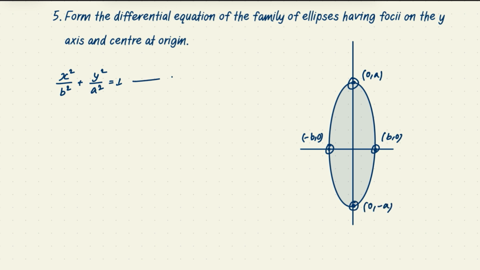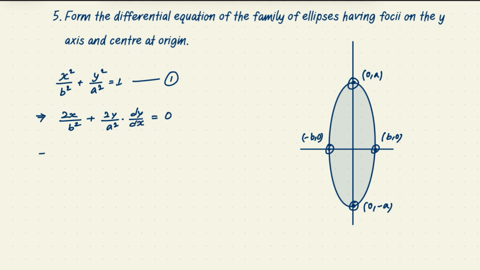Now since this equation contains two parameters, we will differentiate twice and get rid of a and b. So differentiating both sides with respect to x, we will have 2x over b square plus 2y over a square into dy over dx, and the derivative of 1 is 0.